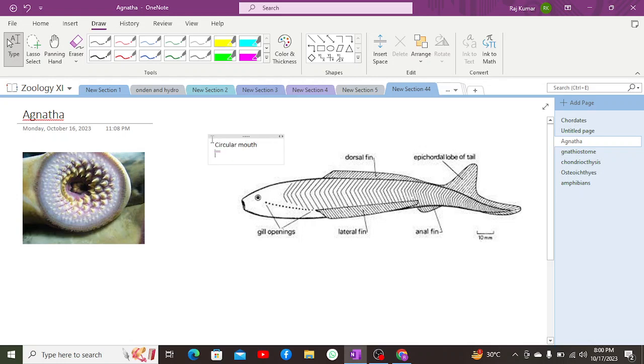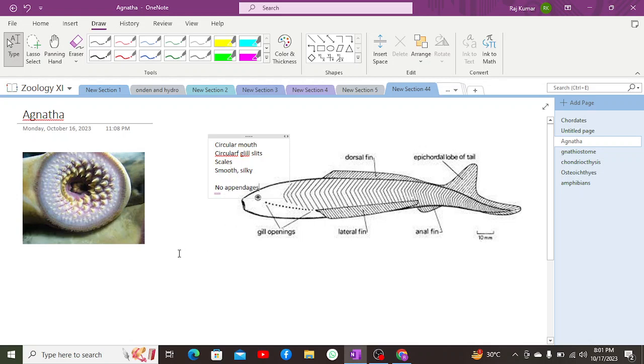They are having circular gill openings known as gill slits, as well as not having scales on their body. Their body is quite smooth and silky. Apart from that, no appendages are present.